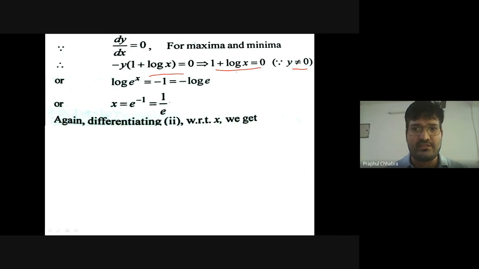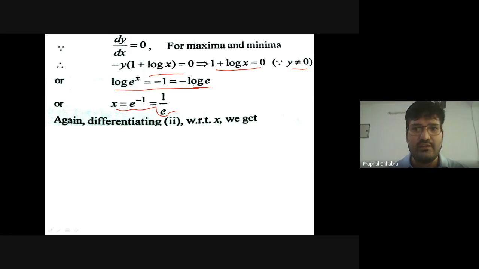If 1 plus log x is 0, then this 1 can be written as log e. So log x is equal to minus log e, and we apply the property of logarithms. We obtain x is equal to e inverse or 1 upon e. It's a simple calculation. We are writing 1 is equal to log e because log e to the base e is always 1.